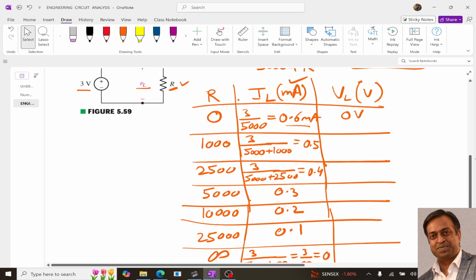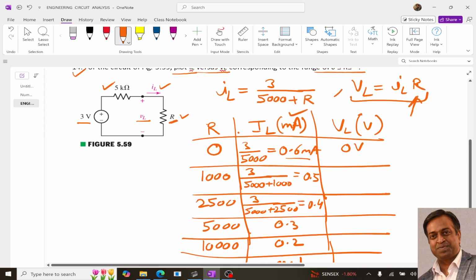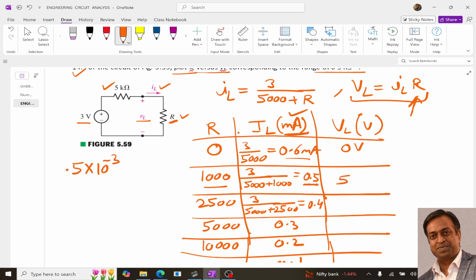Now corresponding to this IL, using the formula IL into R, we can get our VL as 0.5 into 1000. Remember, 0.5 is in milliampere, so it is 10 power minus 3 into 1000. This 1000 and 10 power minus 3 cancel out, so we get simply 0.5, right?